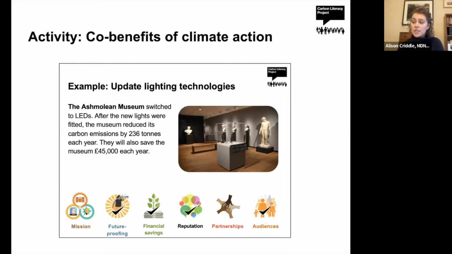So we can consider how taking action can align with those museum values. It might help us to consider ways to build sustainable futures for our institutions, to think about sustainable finance, but also enhancing our reputation and collaborating together through partnerships, as well as developing and strengthening the relationships we have with our audiences and our communities.